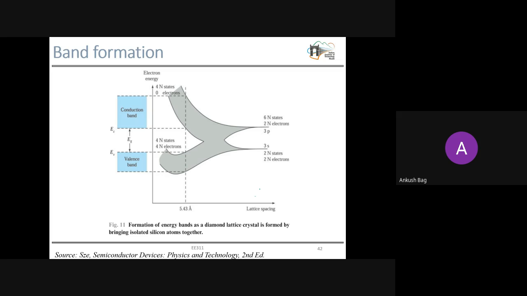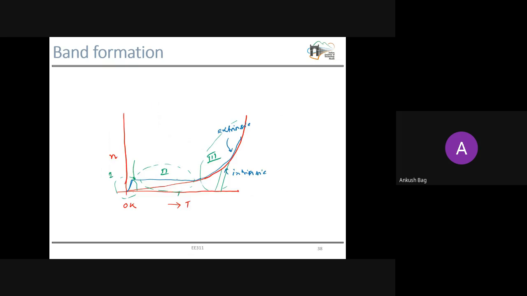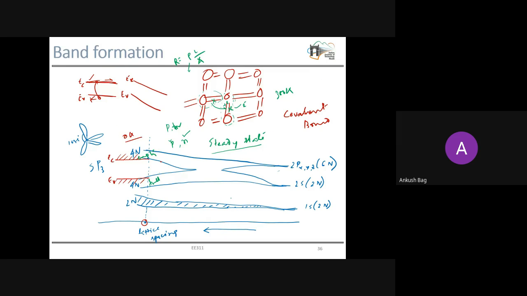Another interesting thing: why are we not interested in electrons within this energy band, in this 1s orbital? The reason is, to take out any electron from these bands requires very high energy.